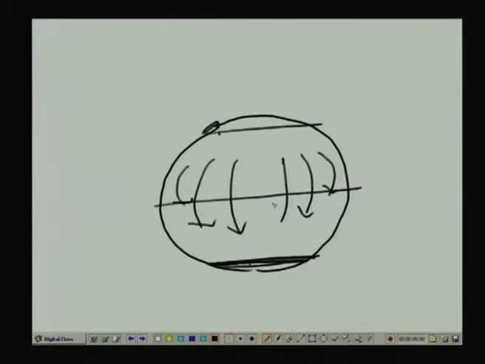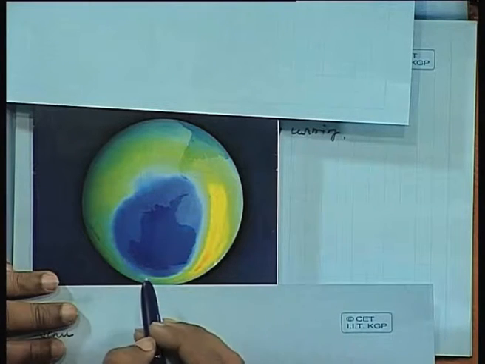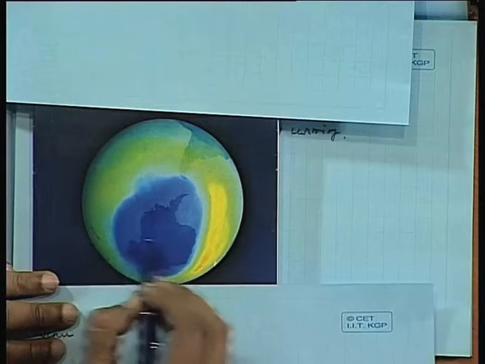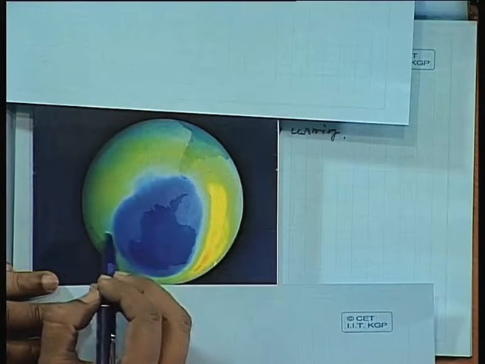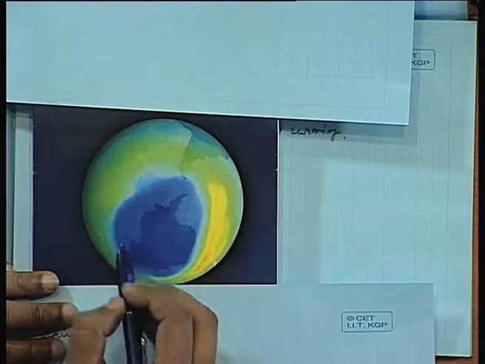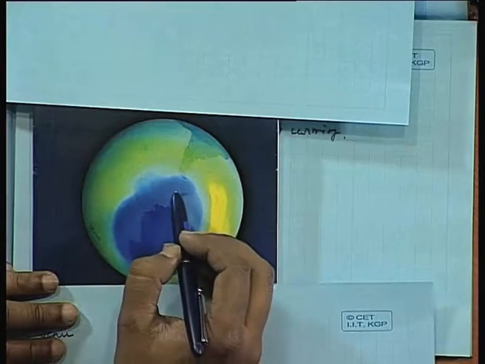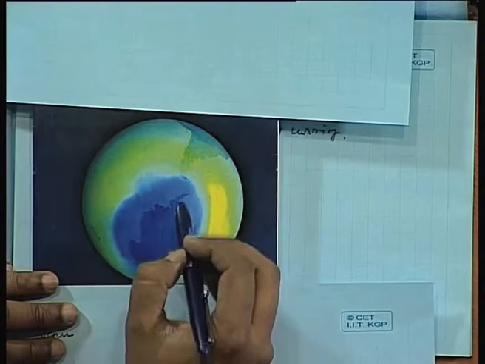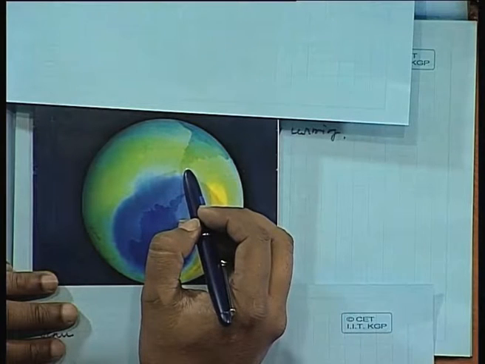That is why you can see here, over large areas and over time, the ozone has depleted, particularly towards the southern hemisphere. This has generated a hole, very close to the tip of South America.